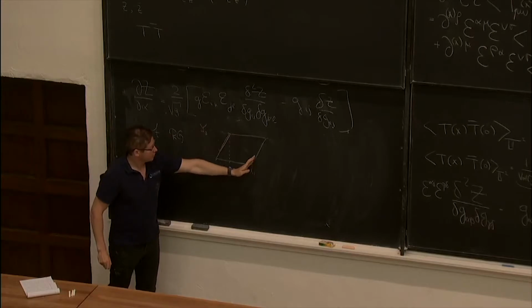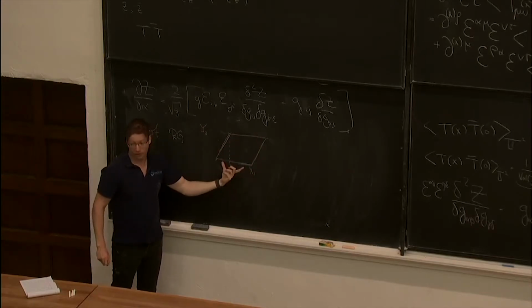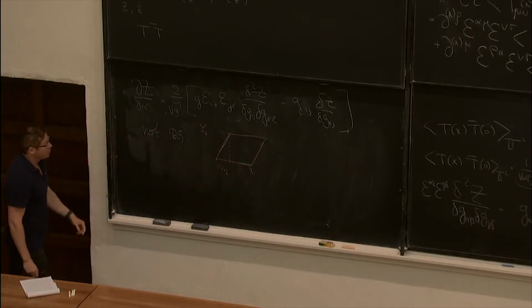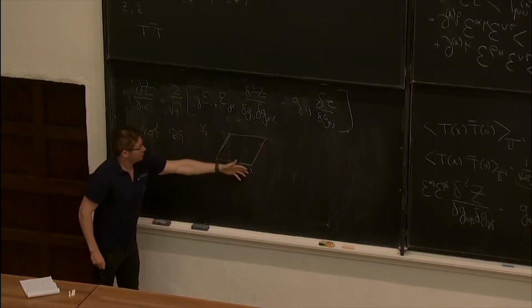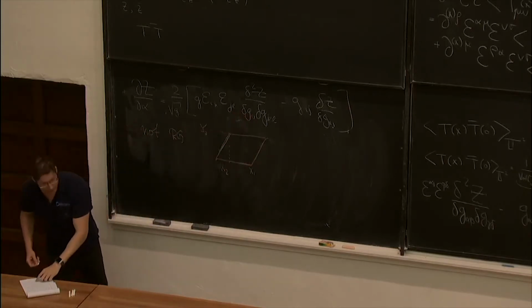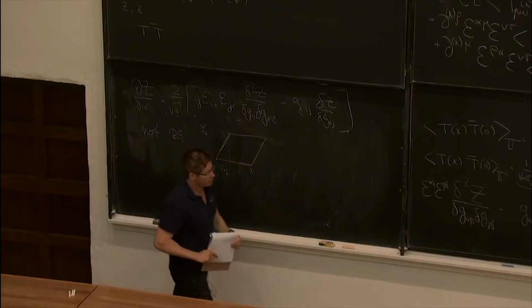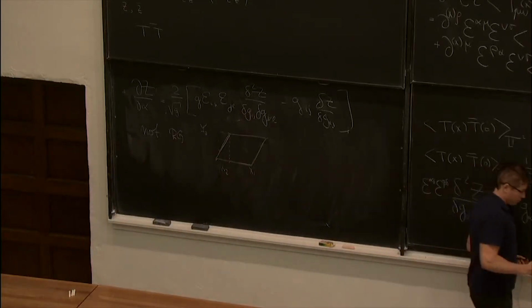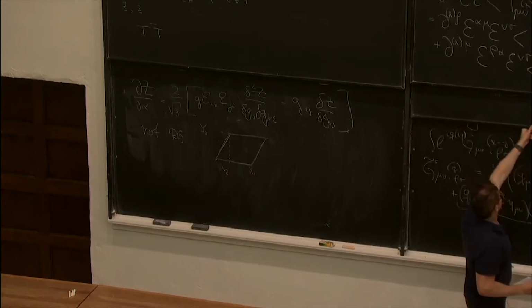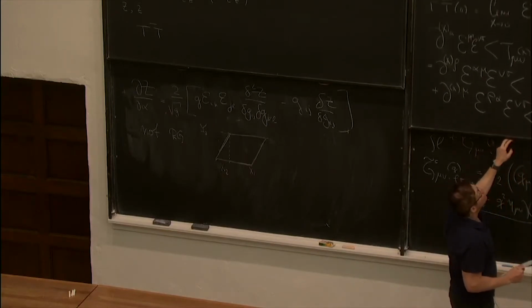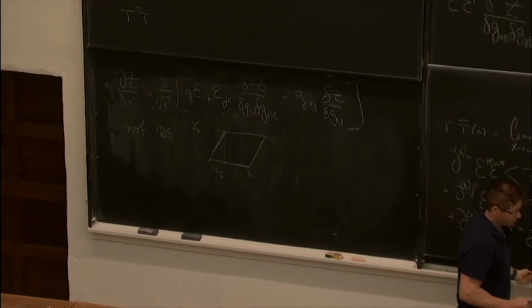And then there is x1, the length of the circle. So now you need to do a change of variables between these variables and these variables. This is just a long technical exercise. Let me just tell you the answer. You can take it as a small homework problem to do. Like one page of algebra.